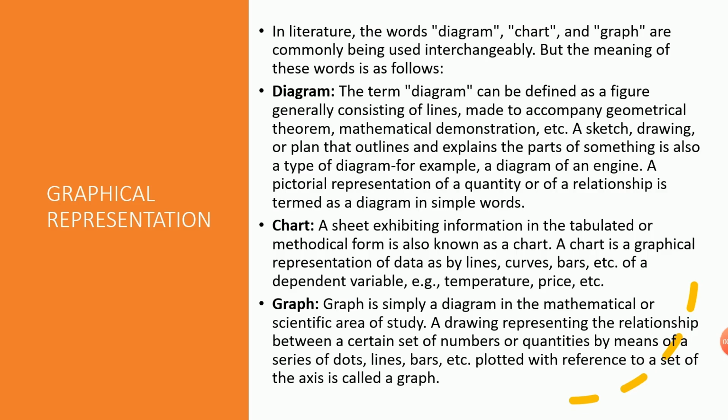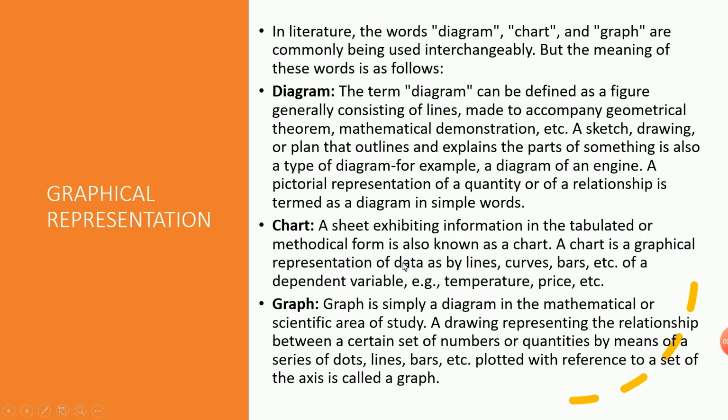Still, in order for you guys to remember the difference, remember it in such a manner: if a pattern follows a linear format, that is either increasing or decreasing or a curve, that is a graph. If it doesn't follow that format, we could call it a chart. Also, for a graph, there would compulsorily be a series of dots, lines, bars, that is, one x-axis and y-axis.